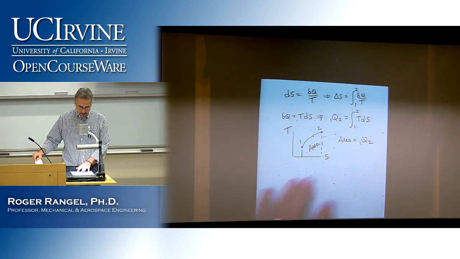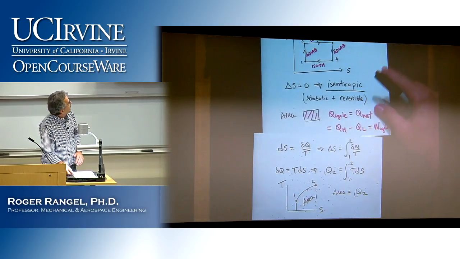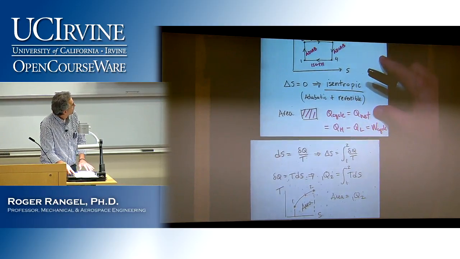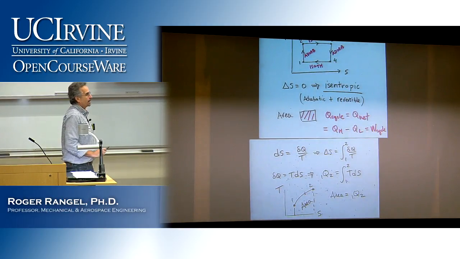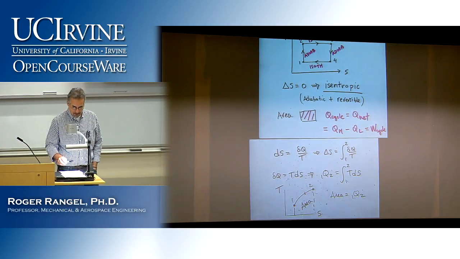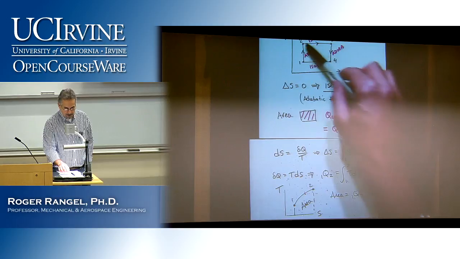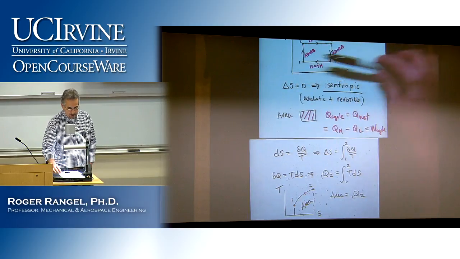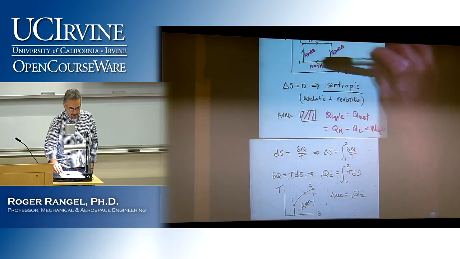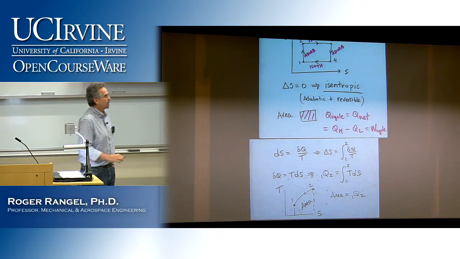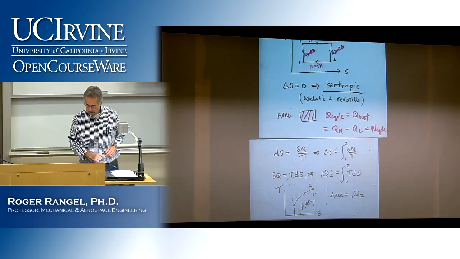When you go back to this, let me move this to the bottom here so you still have it there. That's why this box is the net heat transfer. Because the integral from 2 to 3 would be the area under that curve all the way to the bottom, but then you're going to be subtracting the area between 4 and 1, the area under the second line at the bottom, and then you're left with only the area in the box.